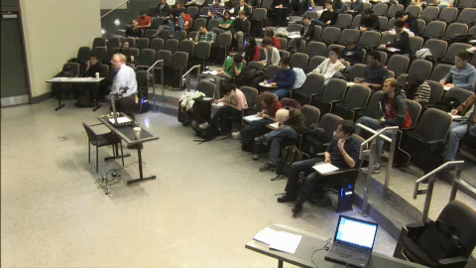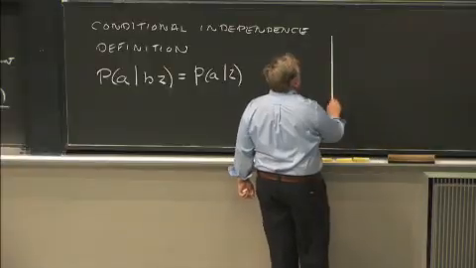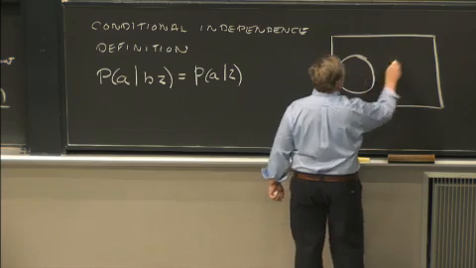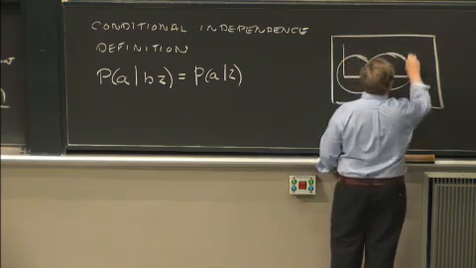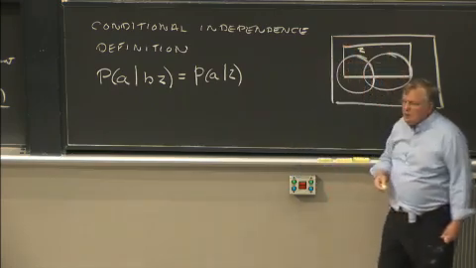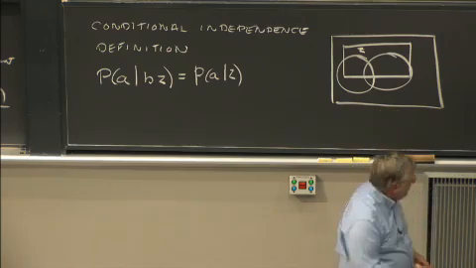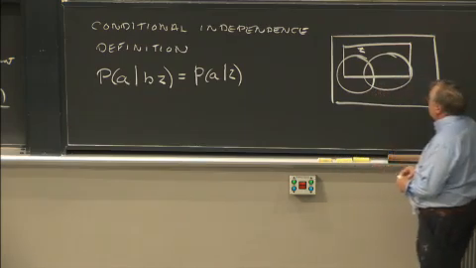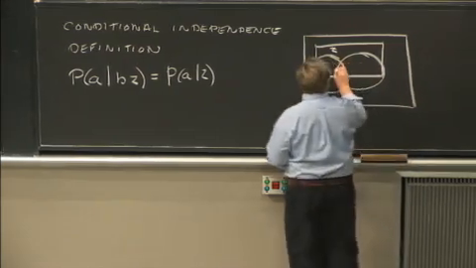So you can look at that this way. Here's A, and here's B, and here is Z. So what we're saying is that we're restricting the world to being in this part of the universe where Z is. So the probability of A given B and Z is this piece in here.